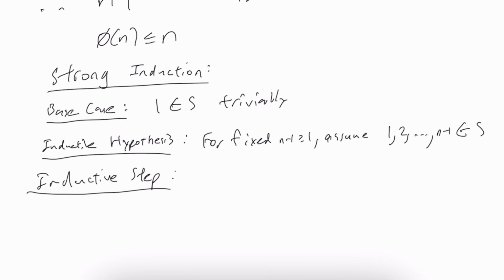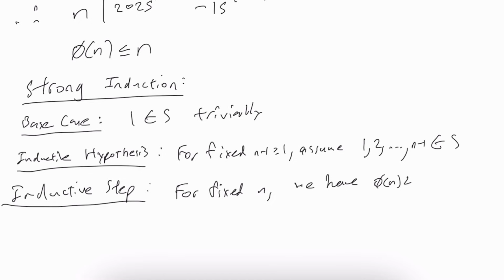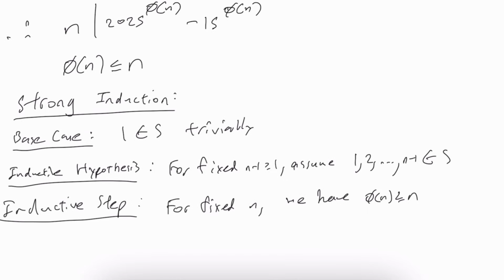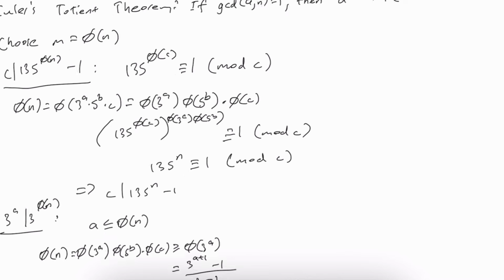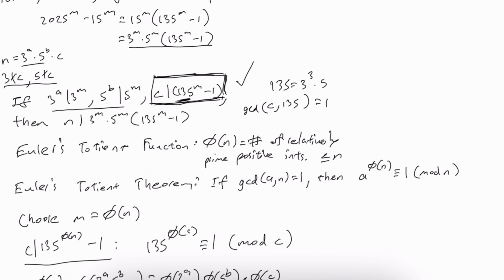Then for n, we have that phi(n) is less than or equal to n. And actually this is strict, because phi(n) counts the number of relatively prime positive integers less than or equal to n, but n cannot be relatively prime to n.